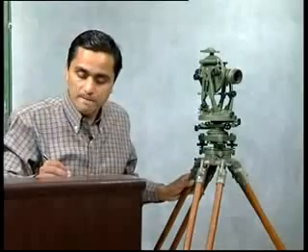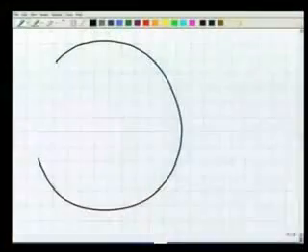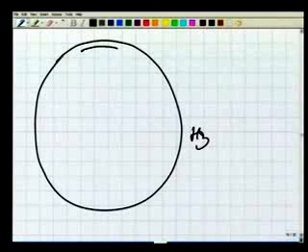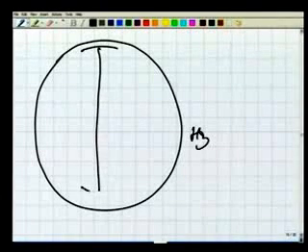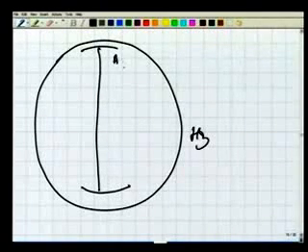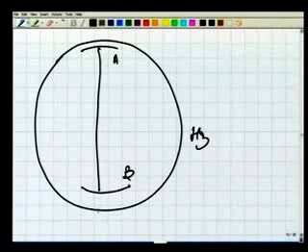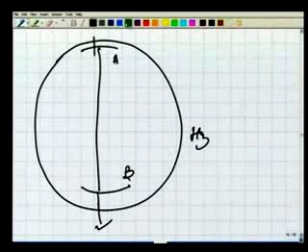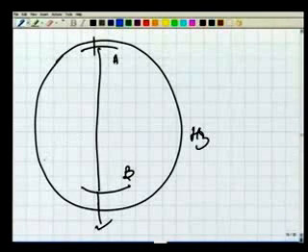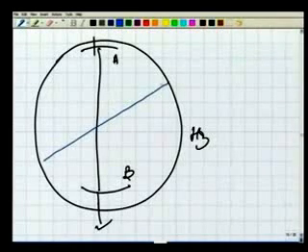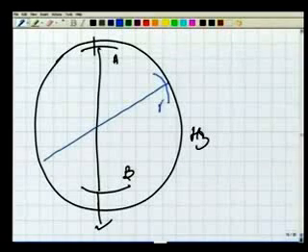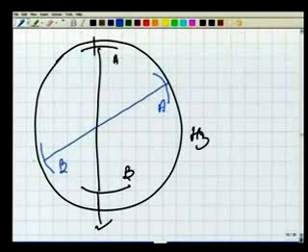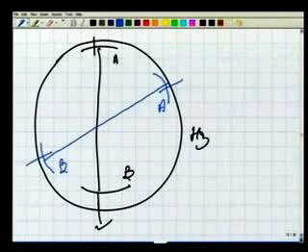So basically, if that's my horizontal circle, the initial location of the vernier was like this, vernier A and vernier B, and there is some value of the reading. Later on, after rotating the telescope, the vernier A may reach here and vernier B may reach here, and now it will show the corresponding observation or the reading.